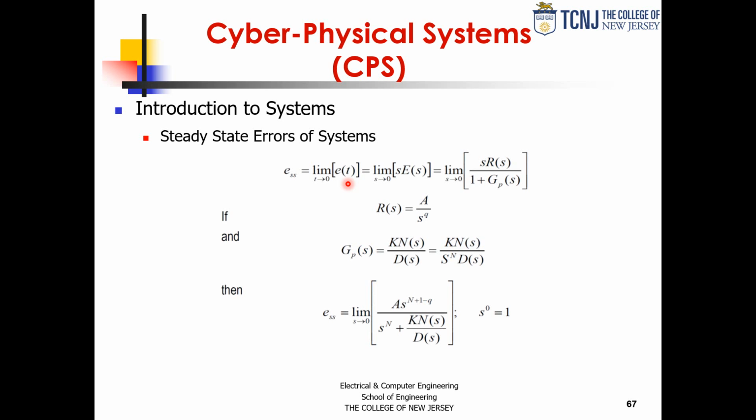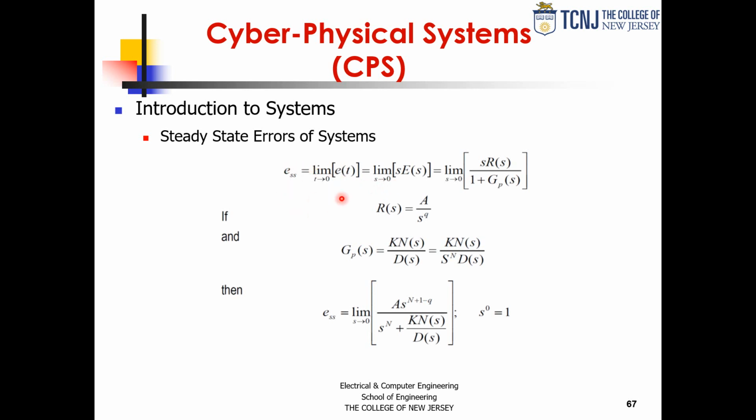Actually, this here, I'm sorry, that is a typo. It should be as t goes to infinity, okay? Remember that the mapping of the time axis to the s-plane is that if t goes to infinity, s goes to 0, okay? So that is a typo, I'm sorry.